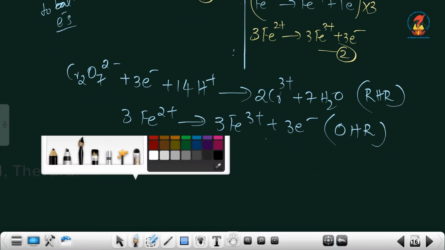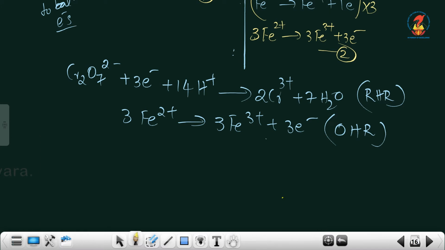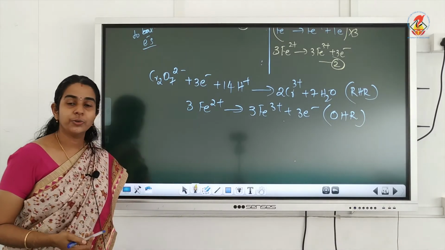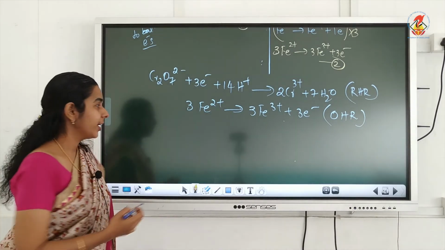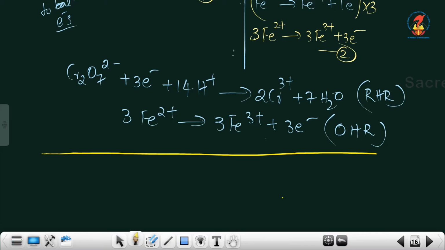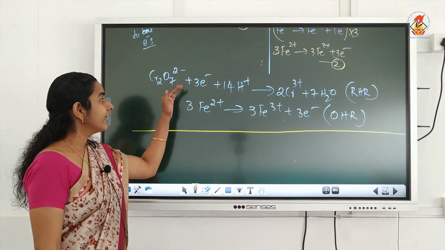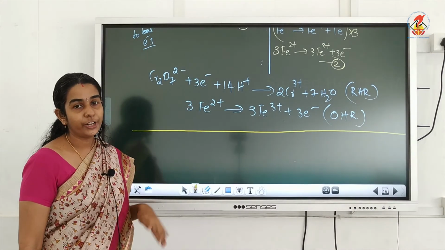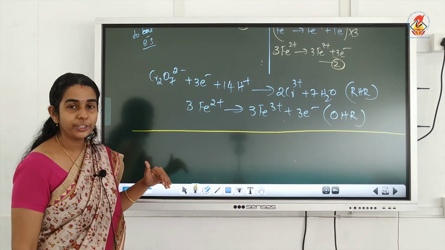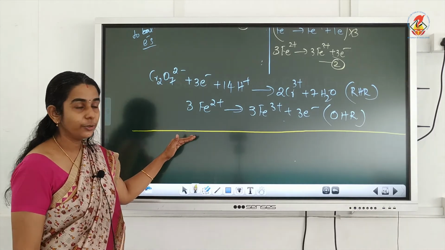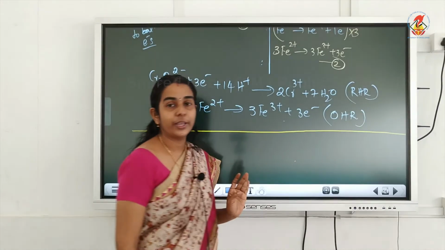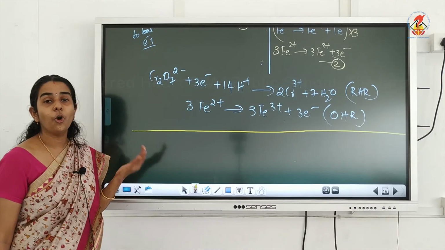Now the number of electrons are the same in both half reactions. To get the overall reaction, draw one line and add the two half reactions. How to add two equations? Add left hand side together and right hand side together and cancel common terms.